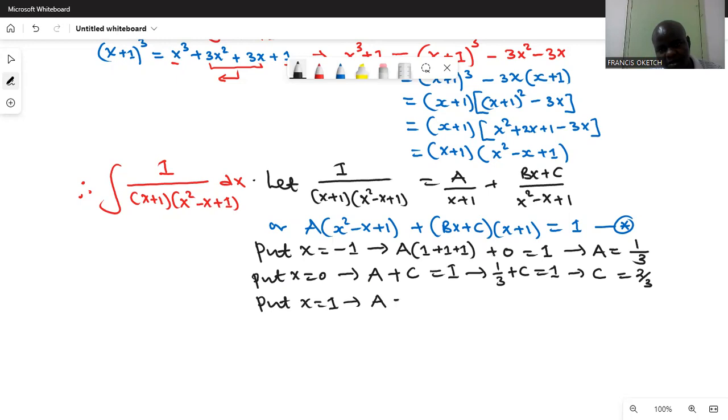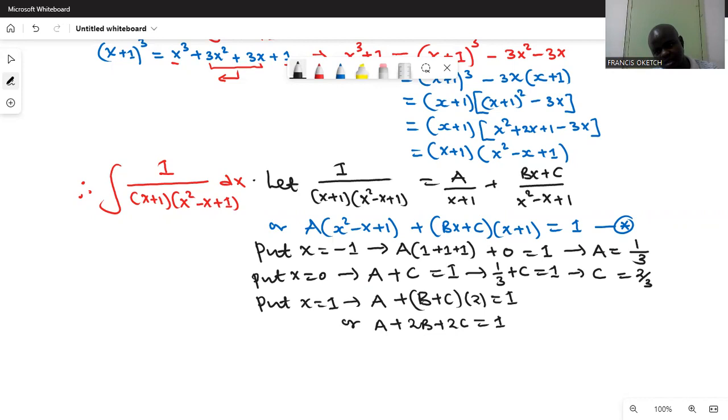So a plus, when x is 1, I will be having b plus c times 2 equals 1, which you can write as a plus 2b plus 2c equals 1.